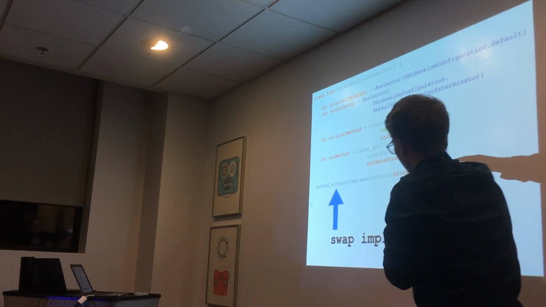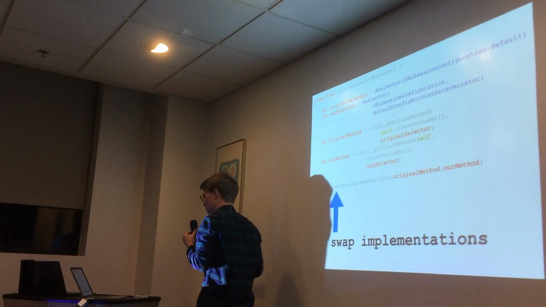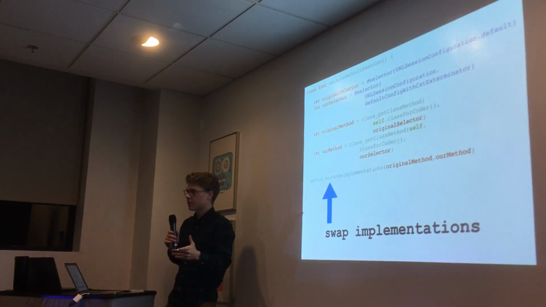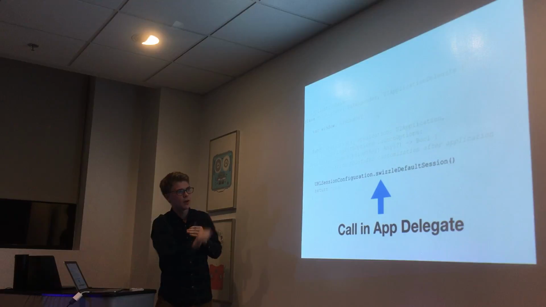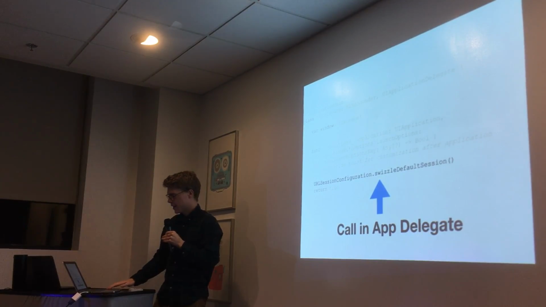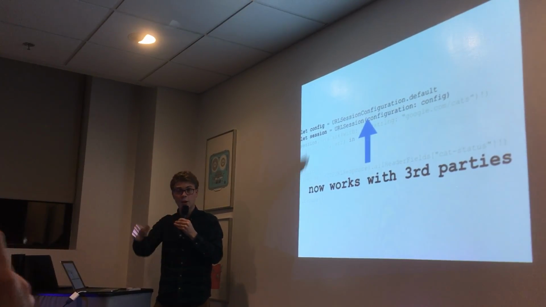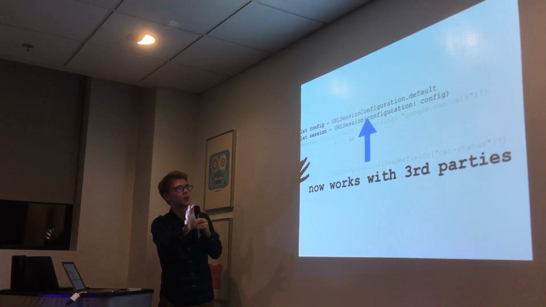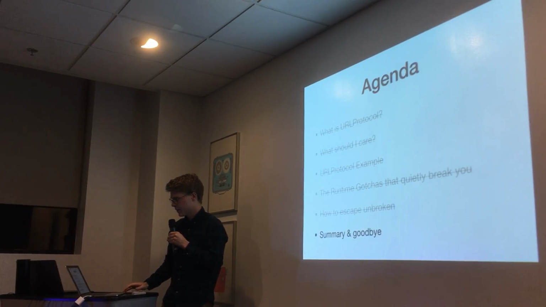And we will swap those at runtime. So what looked like a bug, if we were to scroll up, where we're calling ourselves, is actually going to be the default session configuration. And we will call this function in the app delegate. And then we go back. We don't need to actually change the source code of the third parties. They can call default whatever, and we will have inserted ourselves in there pretty seamlessly.